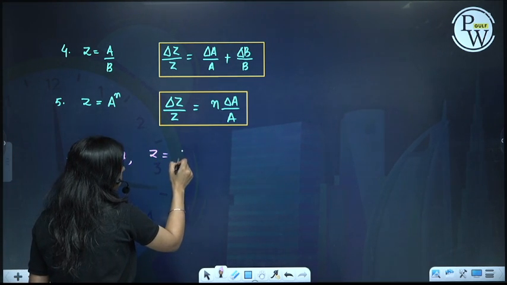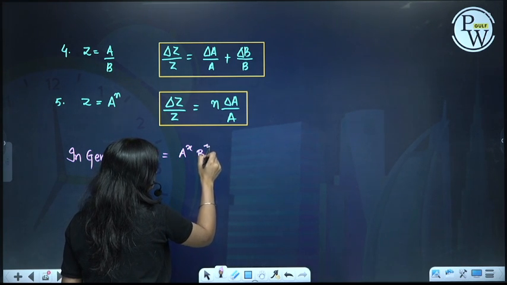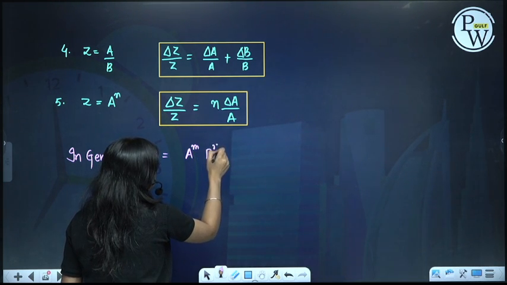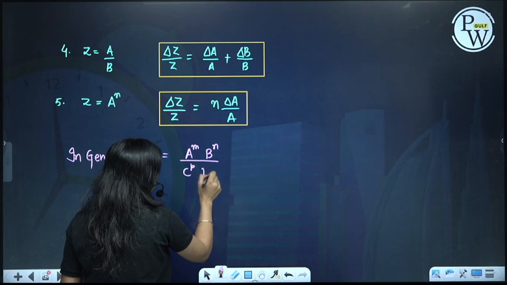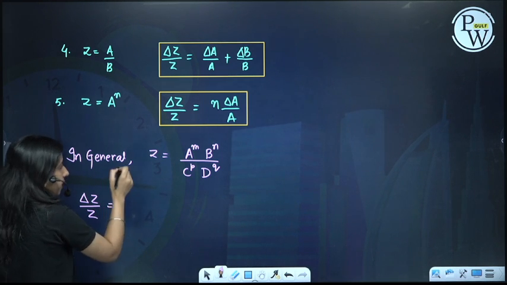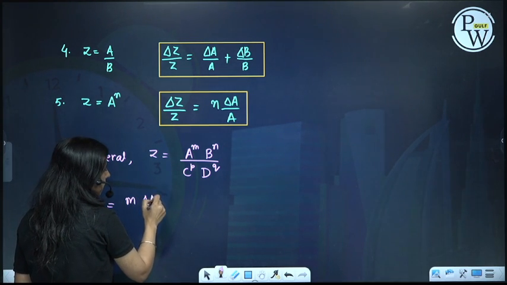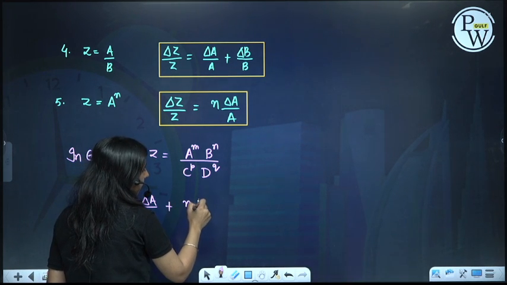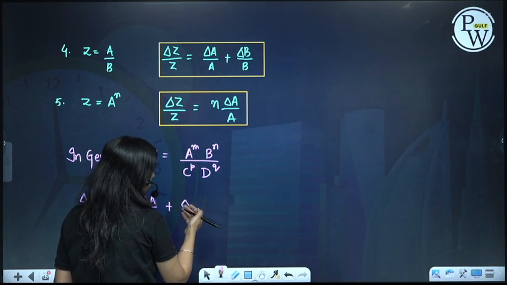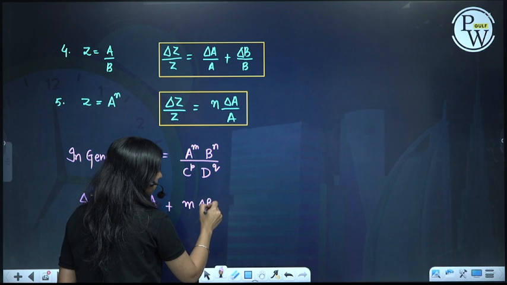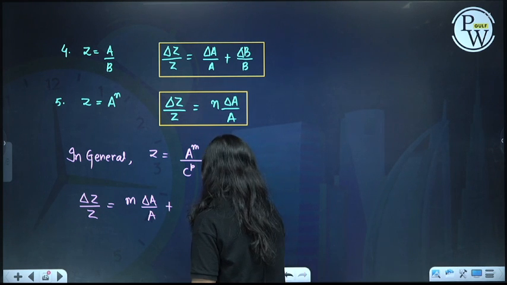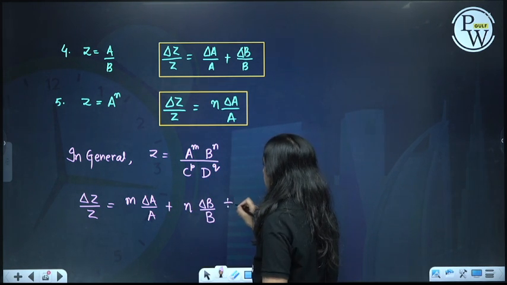Now in general we can write, if Z is equal to A raised to the power m, B raised to the power n, C raised to the power p and D raised to the power q, then we can write delta Z by Z will be equal to m times delta A by A plus n times delta B by B. What is the power of C?